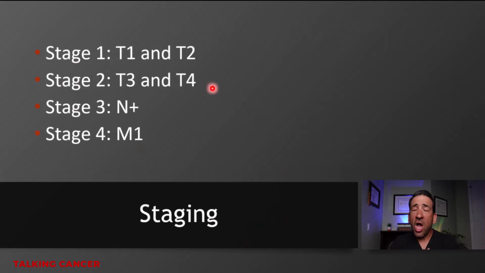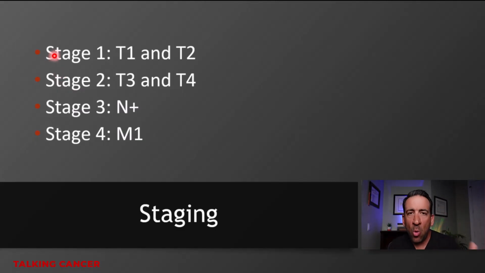Now, your doctor is going to want to know, what stage of cancer are you? Are you stage 1, stage 2, stage 3, or stage 4? This is the number that you want to know. And in order to know what stage you are, you need to know the T and the N. Because if you don't, then we can't appropriately stage you. That's why you need to know this.